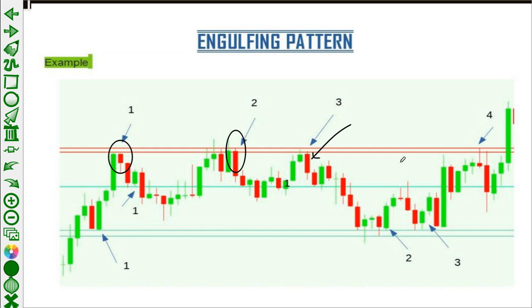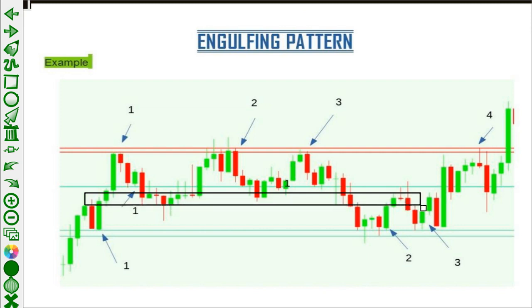When we are taking a put option, we will be drawing the minor buyers area, and when we will be taking a call option, we will be drawing the minor sellers area. That's the key, guys, and we will trade accordingly.